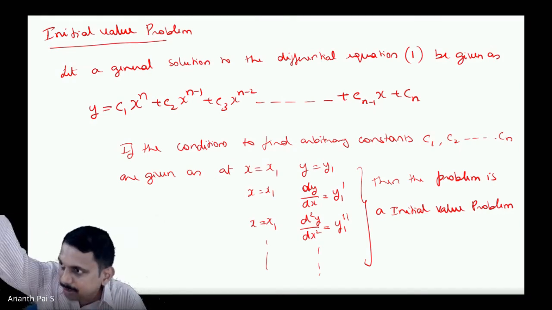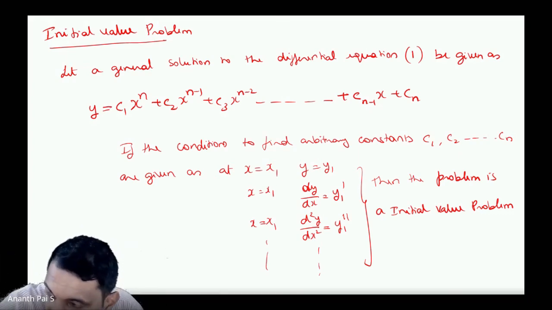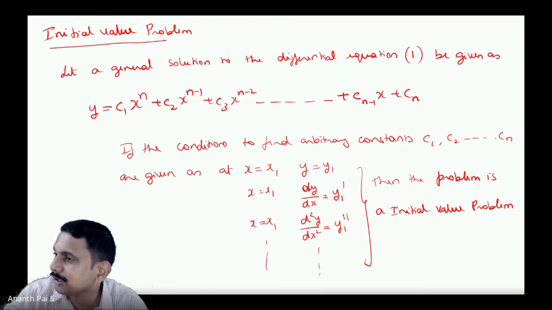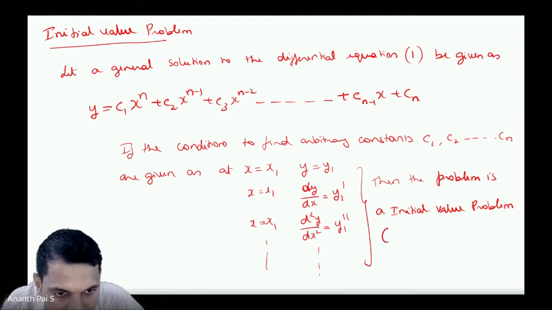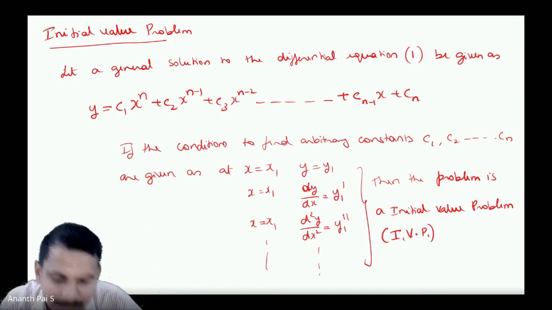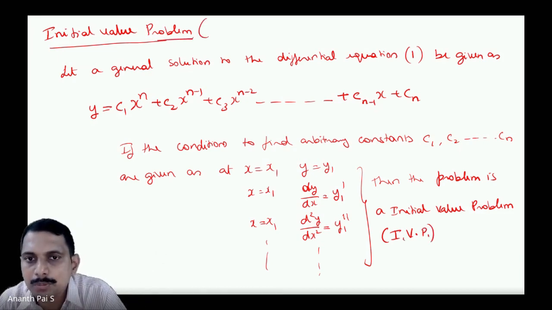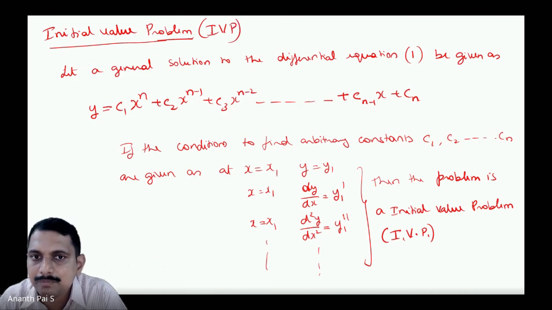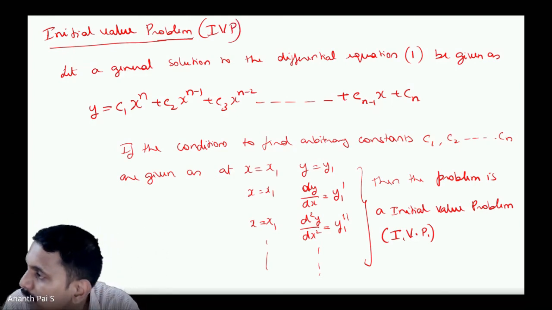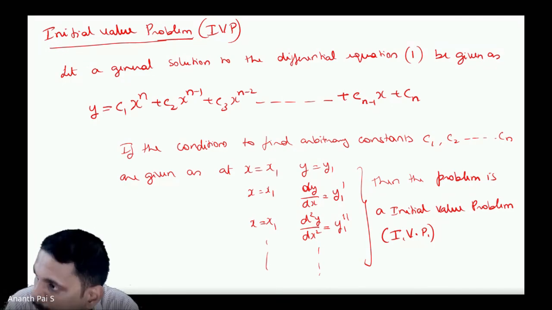You are putting y, dy by dx, all the derivatives are set for that particular initial point. Then it is called an initial value problem, or IVP. The previous example that we have given is an example of an initial value problem.